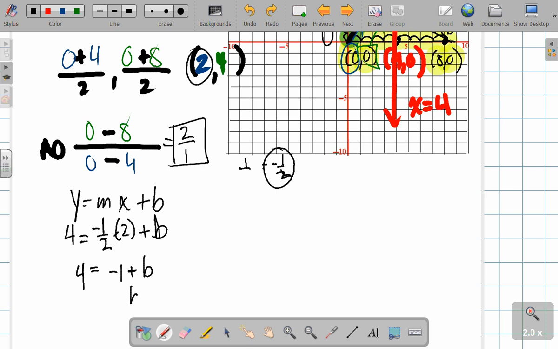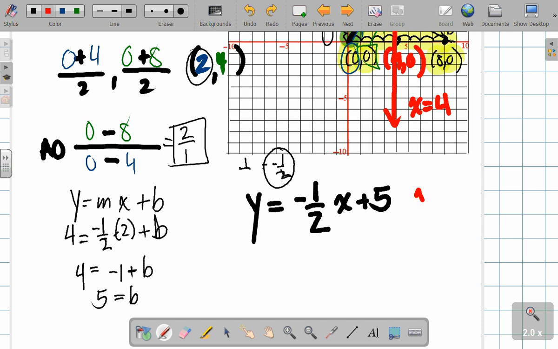So b equals 5. All right, so we have our equation of that line, which is y equals negative 1 half x plus 5. And then we have our other line, technically, which is x equals 4.